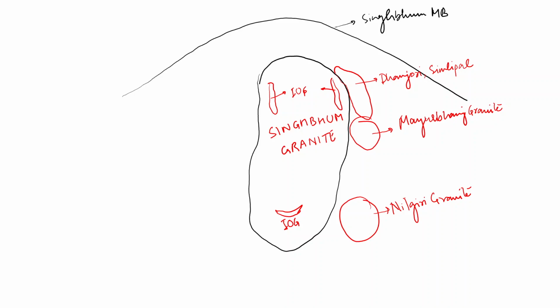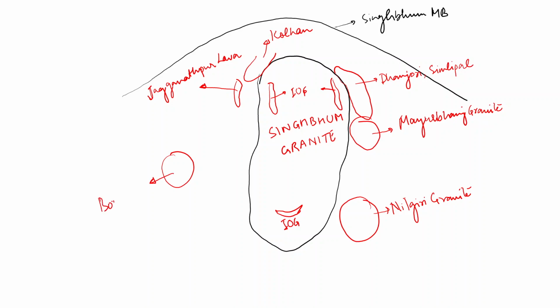All right. Then over here, these are the Kolhan quartzite. On the western side, there is another lava flow known as Jagannathpur lava. The western portion has another important rock emplacement known as Bonai granite.